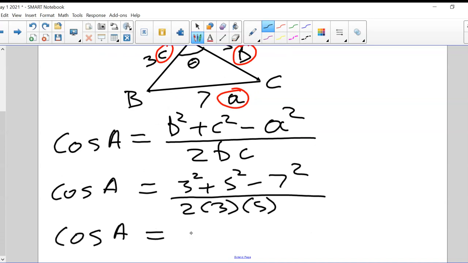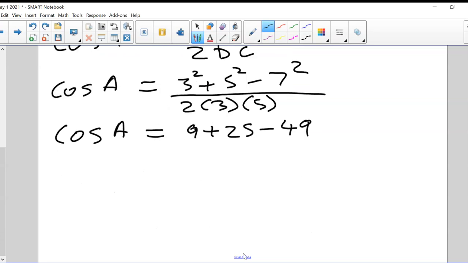Let me see if I can do some of this mentally now. So that's 9 plus 25 minus 49, over, this looks like 30.